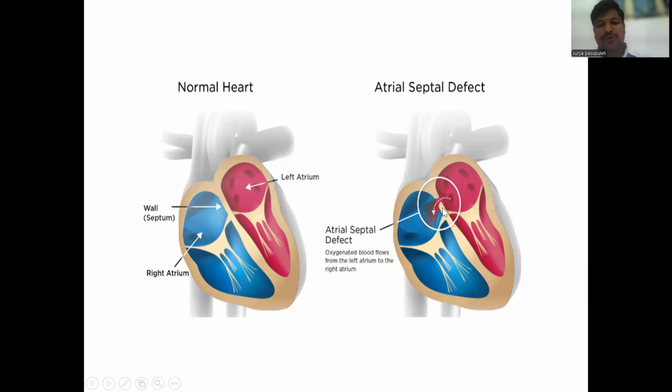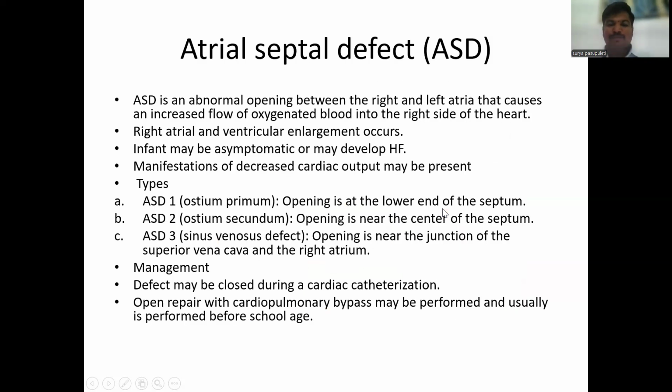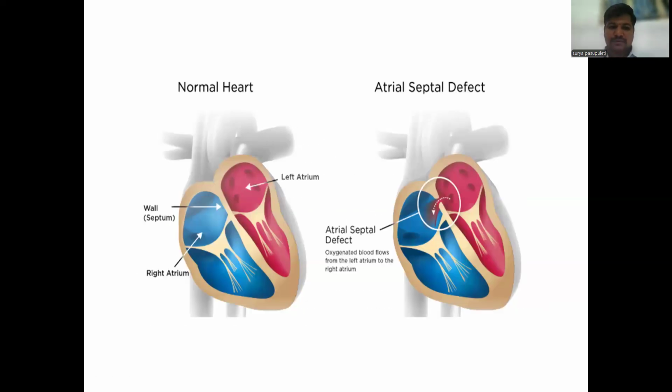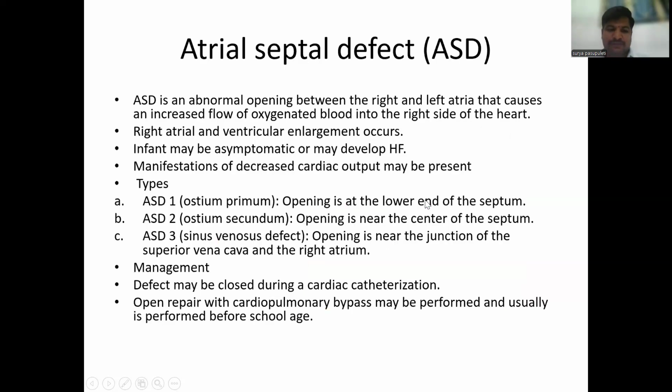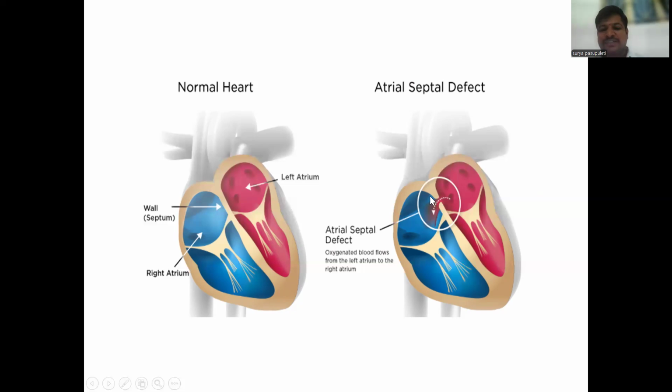If it is below, that is called ostium secundum. If the opening is at the opening of the coronary sinus, that is sinus venosus defect. So atrial septal defect is the abnormal opening between the two atria, right atrium and left atrium.